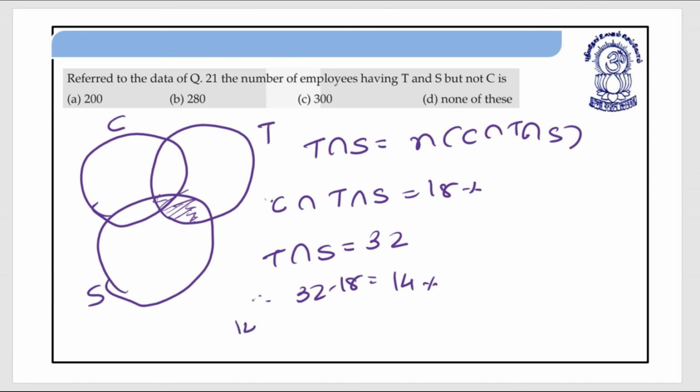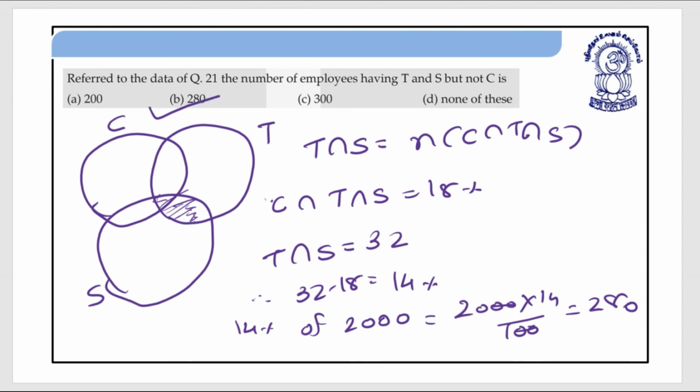So 14% of 2000 is equal to 2000 into 14 by 100, 280. So the answer is 280, option B.